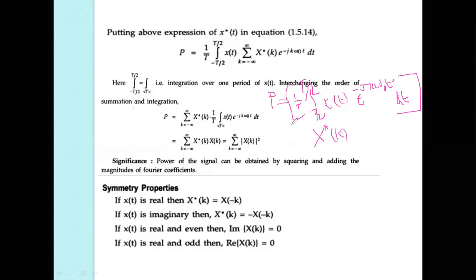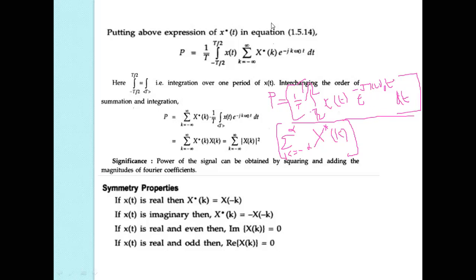You see here the sum is also there: the sum of k equal to minus infinity to infinity of x star of k as another function. Within the first parenthesis, the expression is 1 by T, the integral from minus T by 2 to T by 2 of x of t e power minus jk omega naught t dt, which is x of k only.